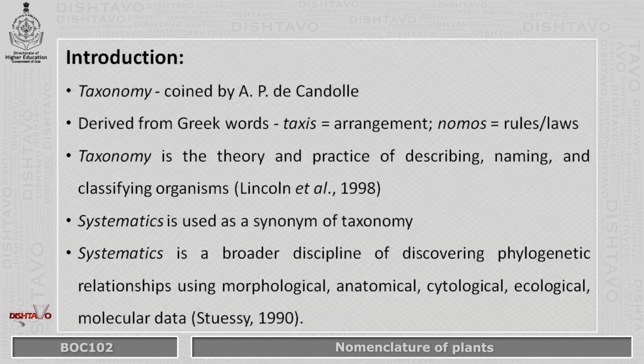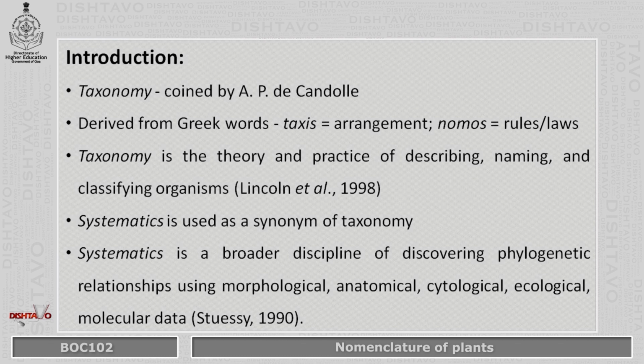The word taxonomy was first coined by A.P. de Candolle, and it is derived from two Greek words, taxis and nomos. Taxis means arrangement and nomos means rules or laws. According to Lincoln et al., taxonomy is the theory and practice of describing, naming, and classifying organisms.